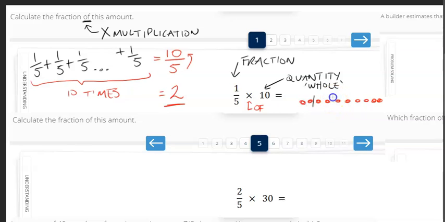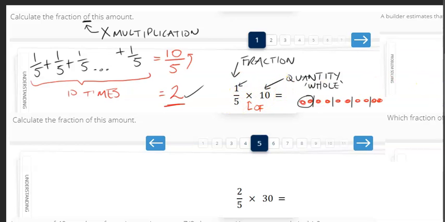And we know this to be like that. So we've now split it into fifths, and what we care about is just one of those fifths. So one of those fifths is 2, which is what we got in the previous way of solving it. So this terminology of changing the times to an "of" makes more sense context-wise. So we know that our answer in this case is 2.